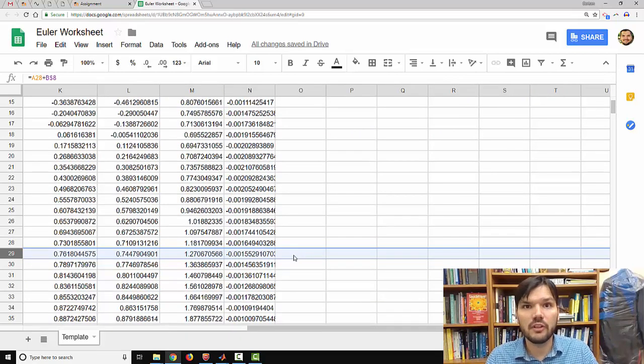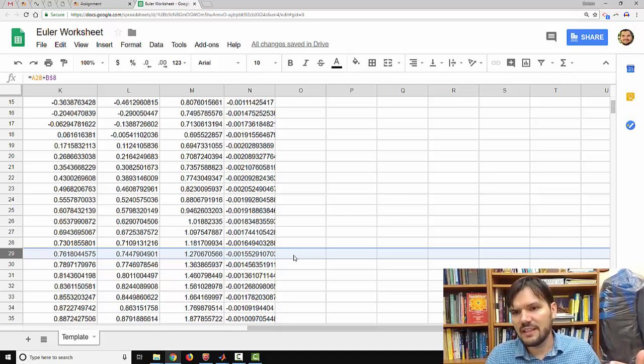For the improved Euler method, it's down to 0.015. It was about 0.007, so we've essentially divided by 4 again. So essentially divided by 4 one more time.